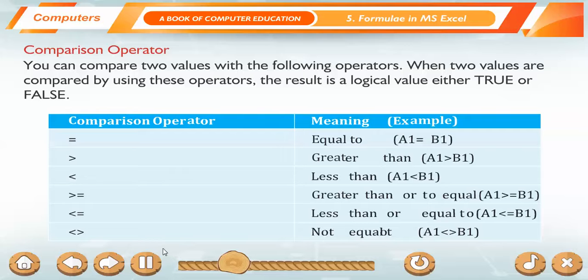Less than, A1 is less than B1. Greater than or equal to, A1 is greater than or equal to B1. Less than or equal to, A1 is less than or equal to B1. Not equal to, A1 is not equal to B1.